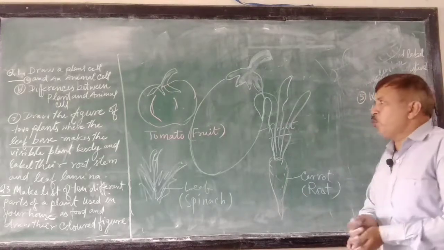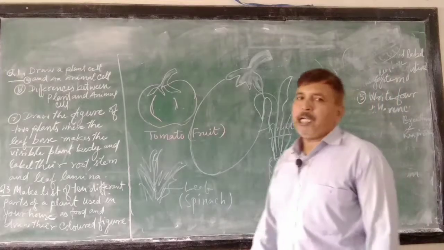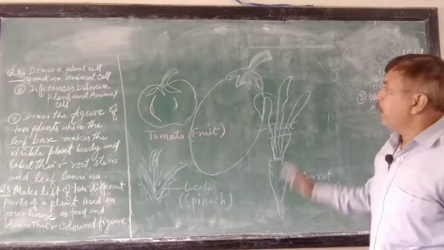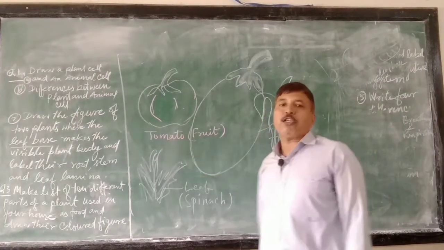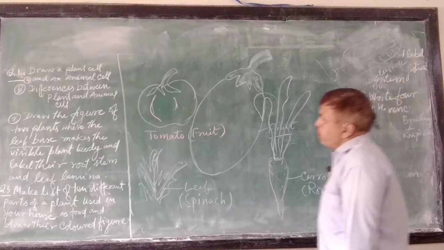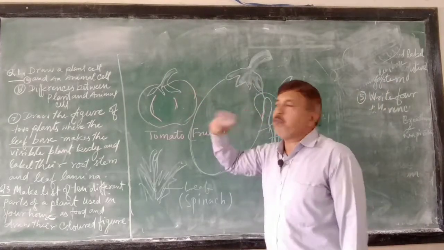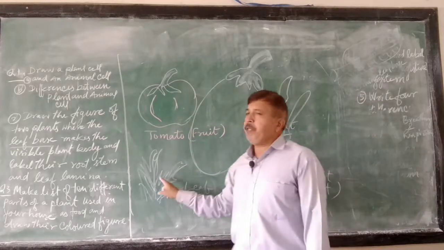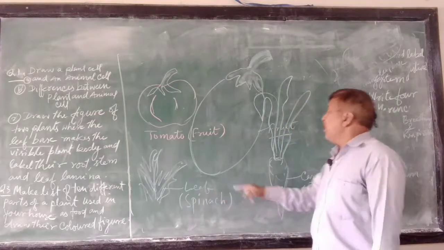You have to draw colored figures of only those parts of the plant that we use as food, and mention what part of the plant body they make. Suppose tomato we use, this tomato is our food, but what part of the plant body does it make? It makes the fruit. This spinach we use, it makes the leaf.